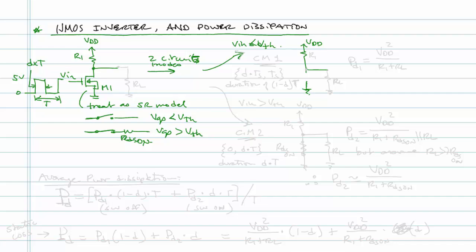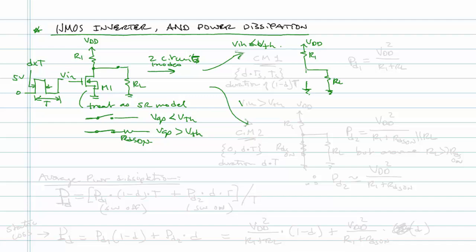Now we haven't connected anything to here, but let's say that we actually connected a load here. I call this RL. So what we'd have here is RL connected to VDD through R1. And that's basically our circuit.